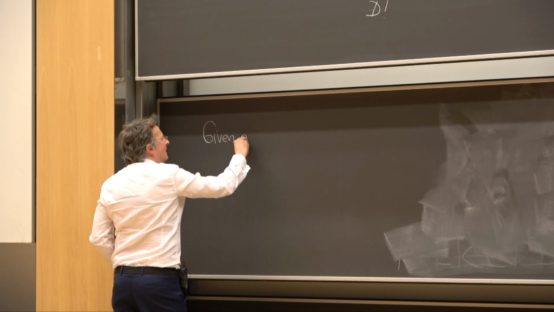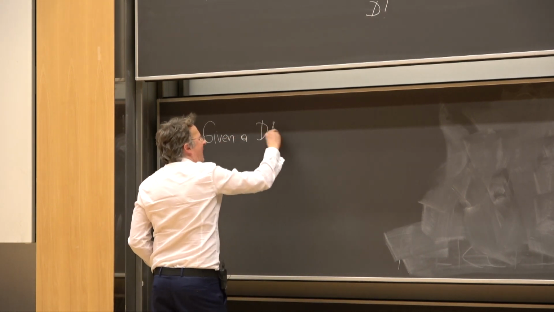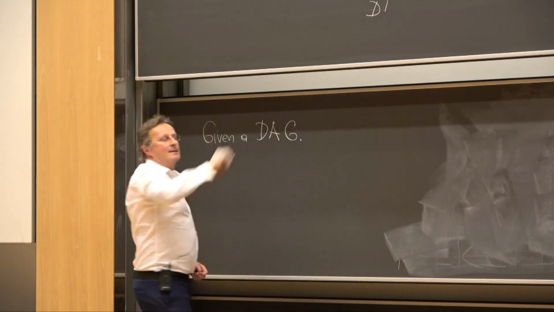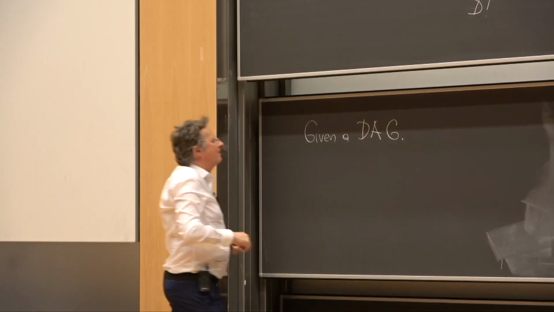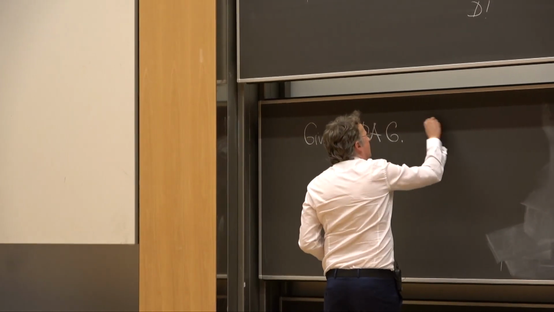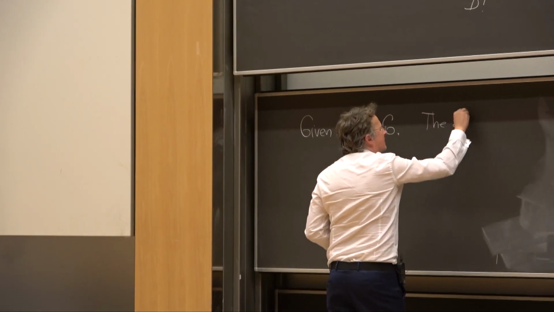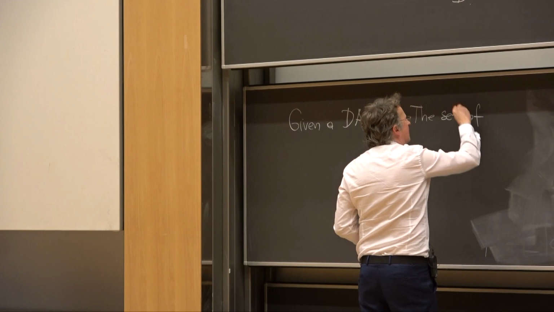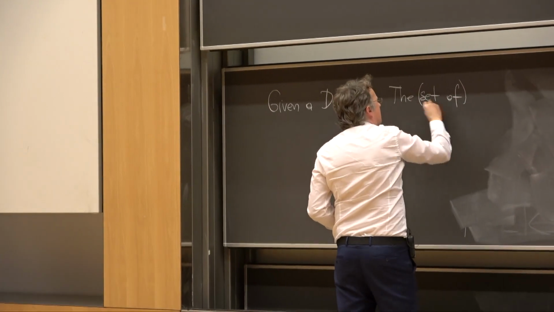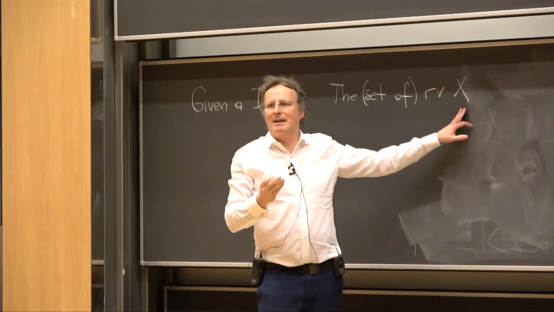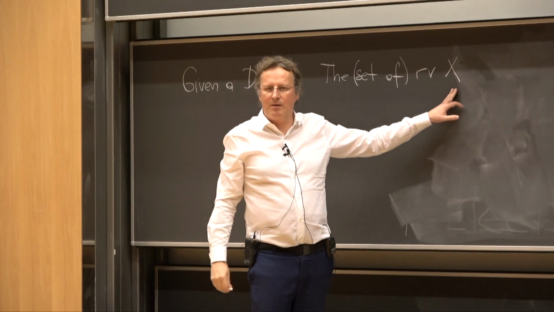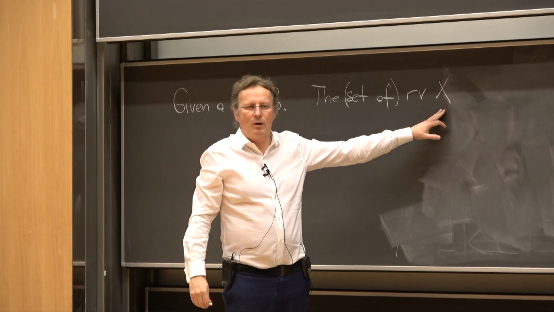Given a DAG, so remember, a DAG is just exactly one of these graphs that we have, okay? So given a DAG, the set of random variables x. I'm just writing x here, but x might be a whole collection of random variables, not just a single one.